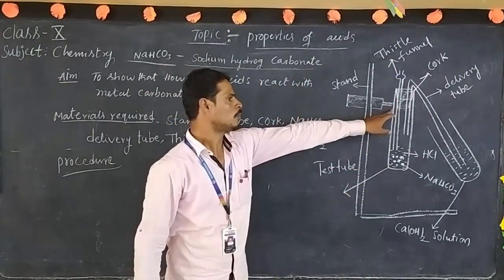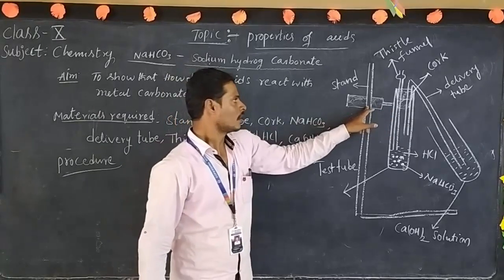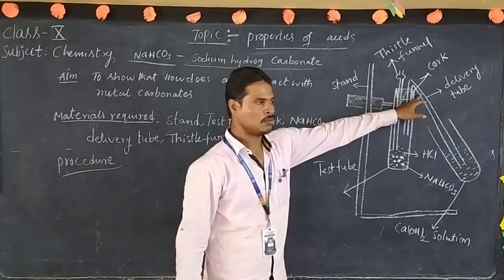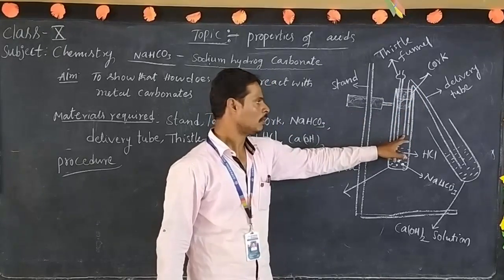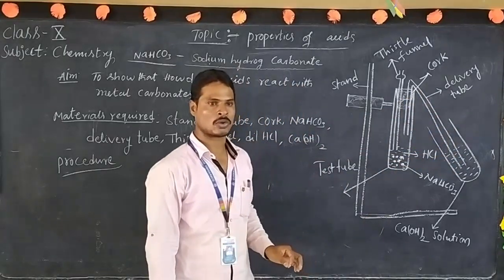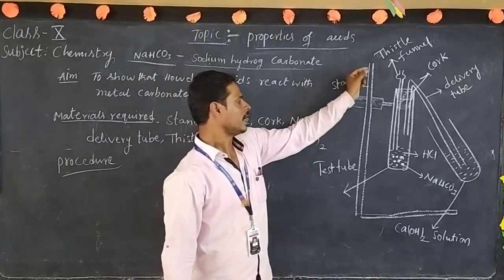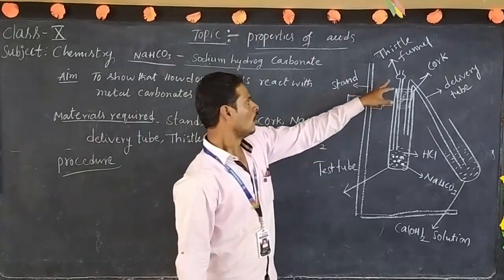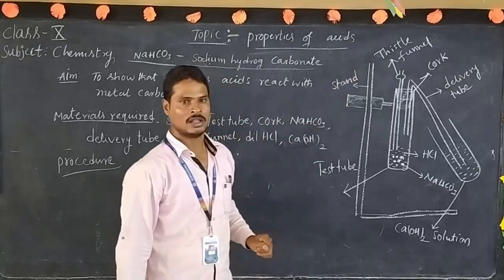Next, the test tube is held with the help of the stand. Next, point number five, take a delivery tube. One end of the delivery tube is kept inside the test tube, and the other end is kept inside the calcium hydroxide solution. Next, take some hydrochloric acid and add it into the test tube through a thistle funnel.